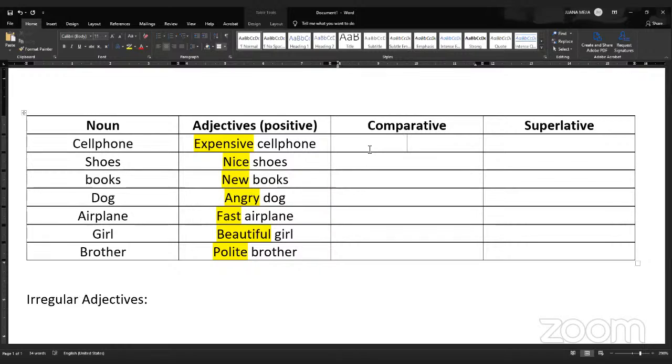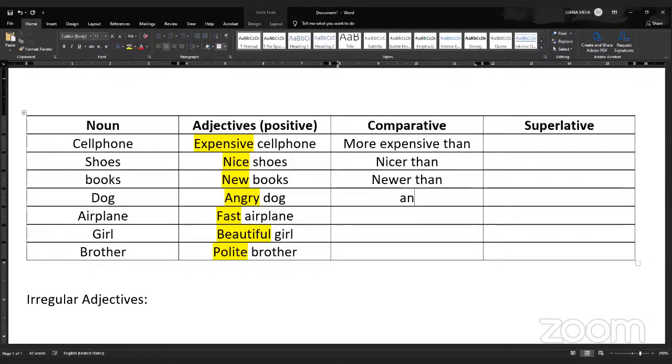Positive, comparative, and superlative. In the comparative form, remember those adjectives that have two or more syllables, we use the word more. More expensive than. This one, nice, is a short adjective, but it already ends in the letter E. So that means we only add the letter R. Nice, nicer, nicer than. New is a short adjective. Newer, newer than.